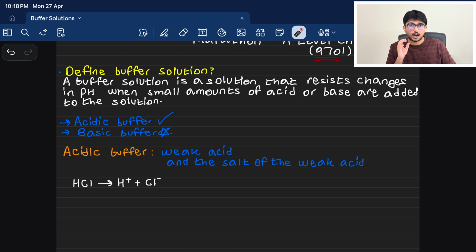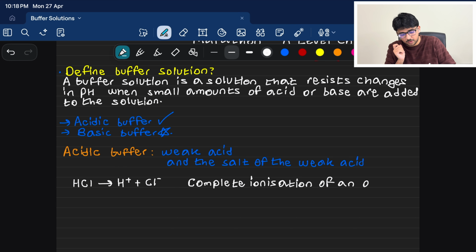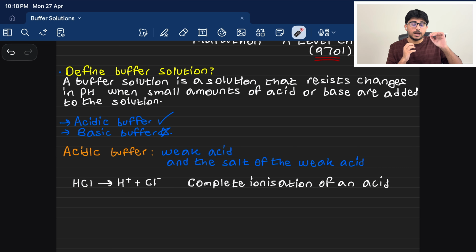Meaning now there are zero HCl molecules in the solution, meaning zero molecules are undissociated. This is what we call complete ionization of an acid. If you're confused, the word ionized basically means releasing H+ ions. So HCl completely ionizes. Every single HCl forms H+ ions.